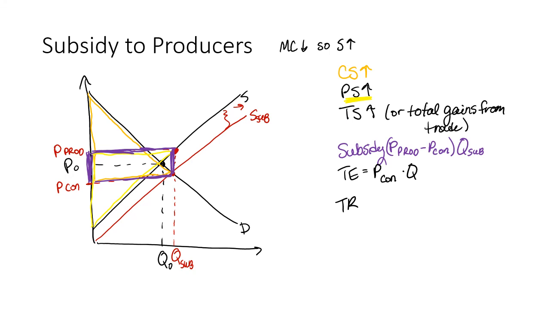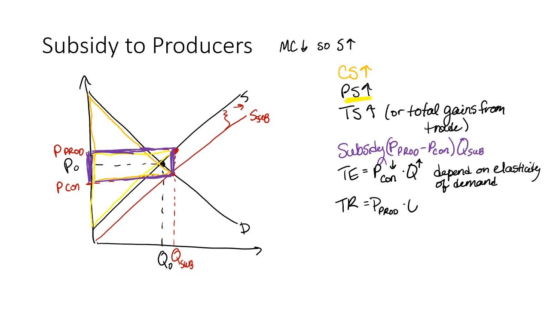And here our consumer price fell from P0 to P-con, and our quantity rose. And so again, it's going to depend on the elasticity of demand. Because the elasticity of demand will tell us whether that Q changed more than P because it's elastic, or less than P because it's inelastic. For total revenue, however, we'll be able to figure it out.